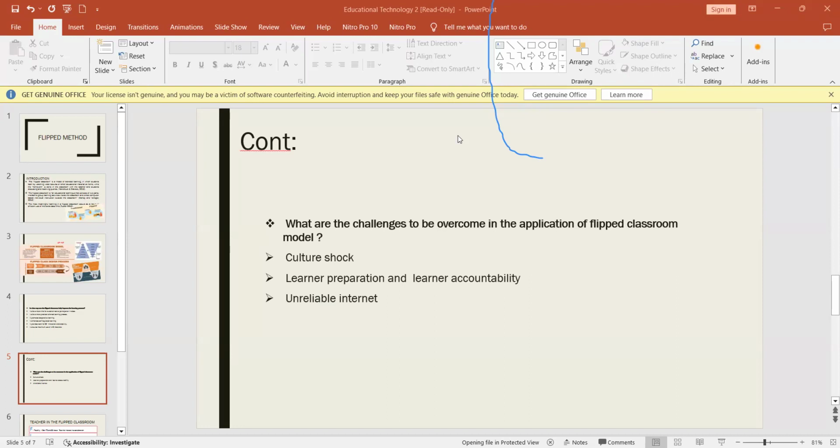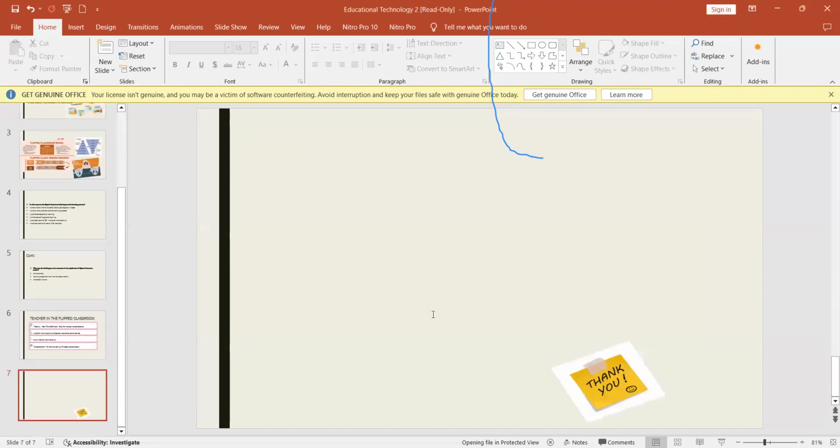You have to overcome this. It's not easy to conduct the flip method because students are not used to it because of the culture shock. And then you do not know whether the students are doing it honestly. So learner preparation and accountability is a question. And then unreliable internet. They are the challenges that the teacher has to face.